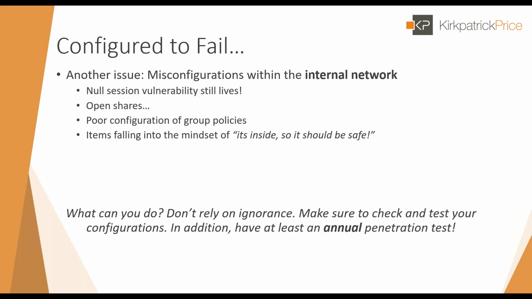So another issue, and this again falls under configure to fail, is, of course, the misconfigurations that are found within an internal network. On the past couple slides, while we did touch on this, a lot of misconfigurations, say like on the outside, we mentioned firewalls, default passwords on those.